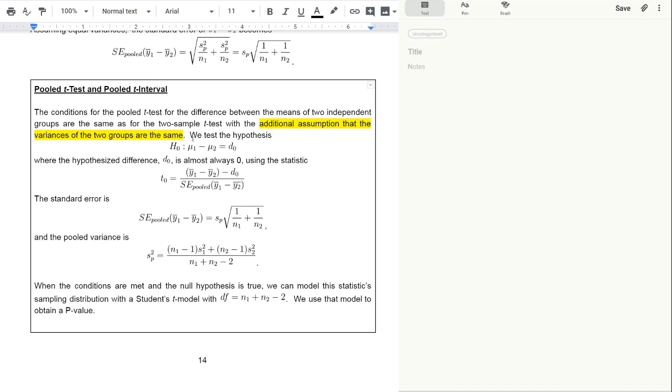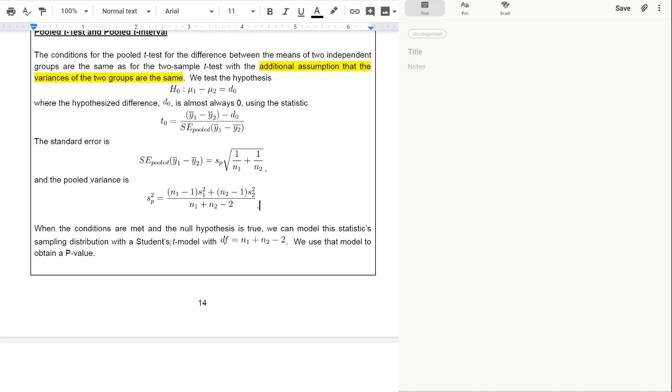The null hypothesis for the test is the same, so we have the difference between the two population means, mu1 minus mu2, is equal to the hypothesized difference. And the way that we will find our test statistic is by using a pooled standard error. And again, the pooled standard error is given by this formula, where we calculate a pooled variance by using this equation.